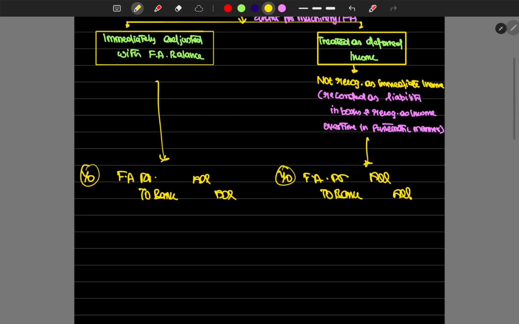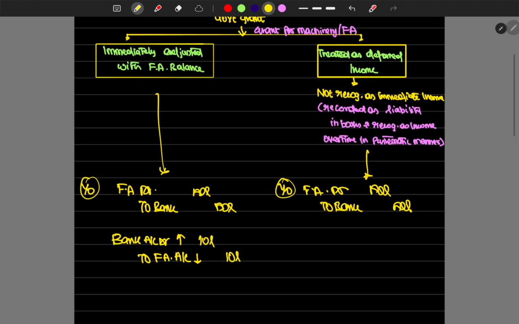Bank account debit to fixed asset account. See, we have reduced the value and recognized the grant of 10 lakh. So we have reduced the fixed asset value. Now how are we going to show it in the books if we follow the deferred income method?